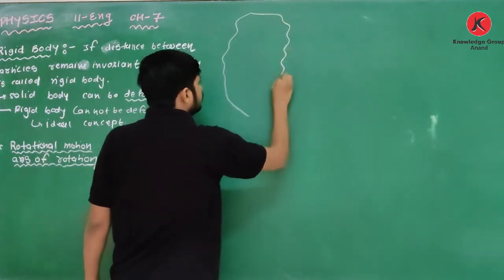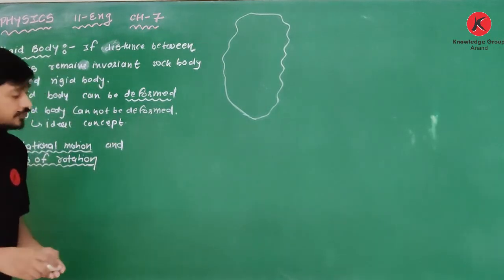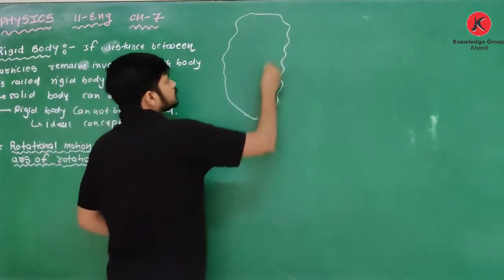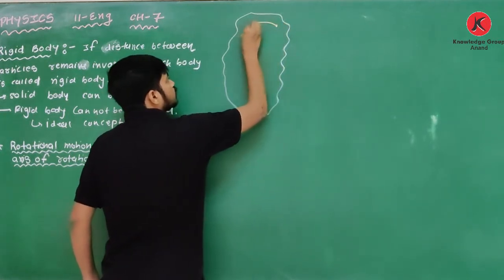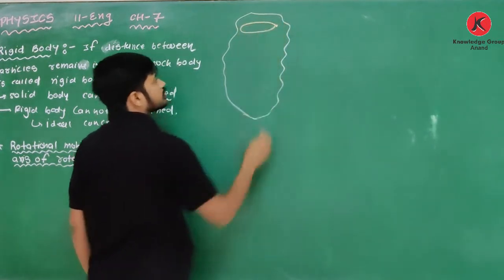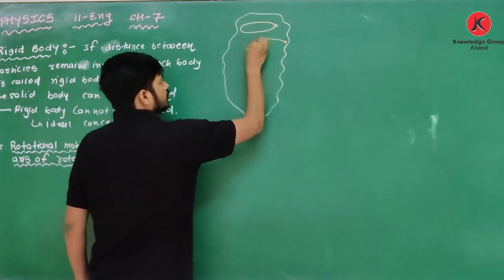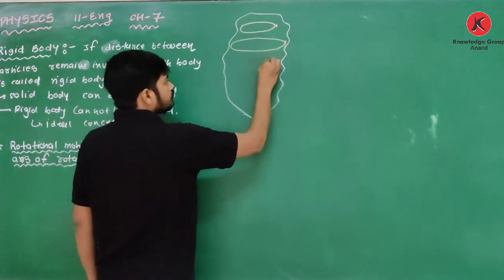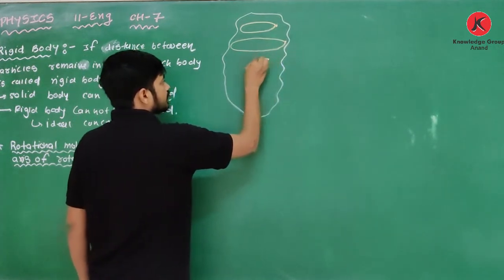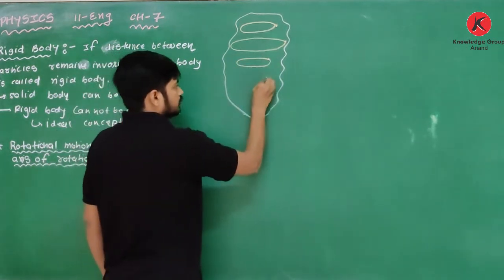If I have one rigid body like this, and this particle of the rigid body is performing circular motion like this, this particle is also performing circular motion like this, and this one is performing circular motion like this.